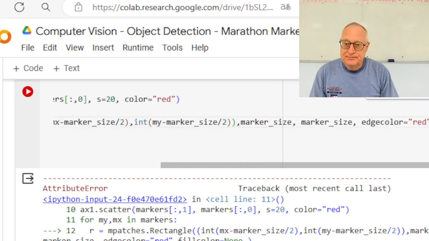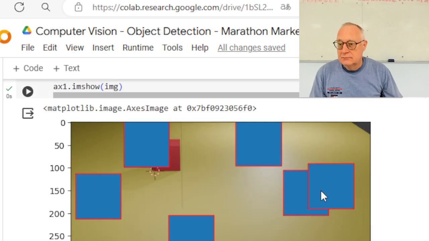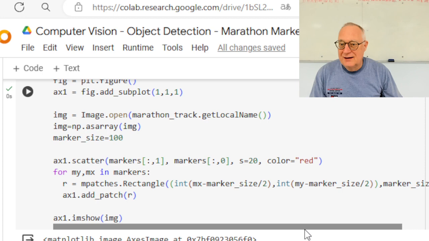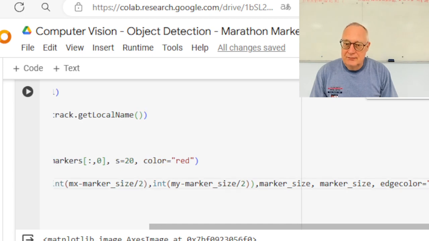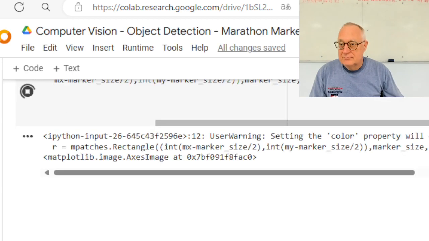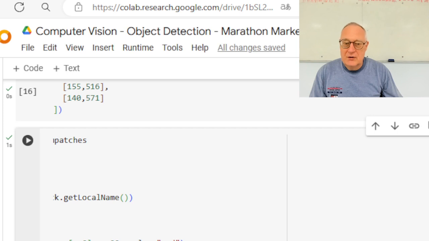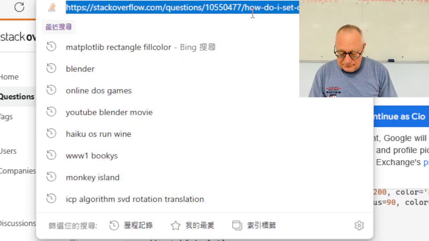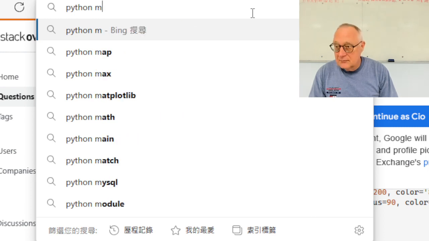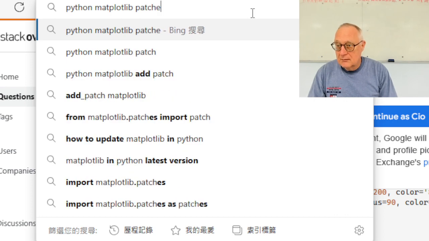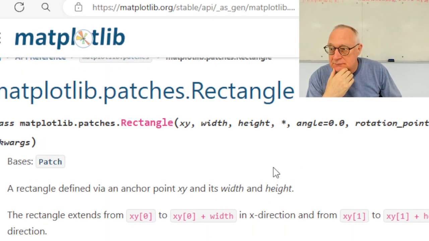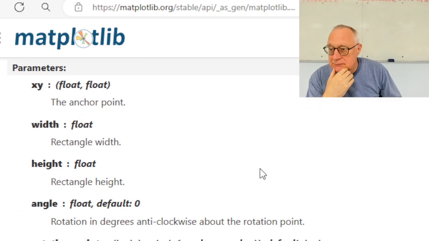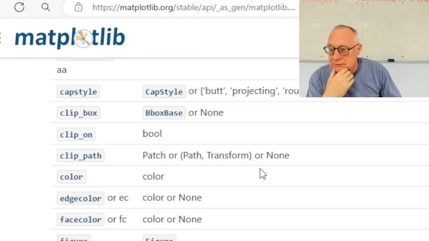Okay. No. So how do I, filled equals none, filled equals false maybe? Fill, okay.